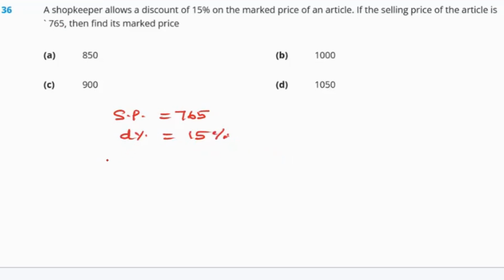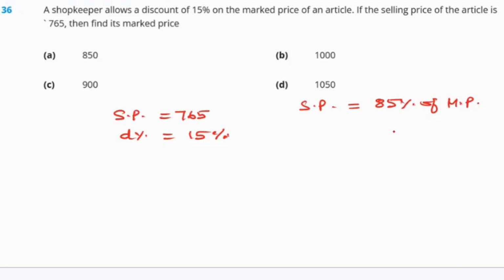Okay, so marked price is what? Selling price is, if we are talking in the simple language, so selling price is 85% of the marked price. Correct? Because when he is allowing the 15% discount, then what we can say? 85% is the selling price. Correct? So 85% of mark price is the selling price.